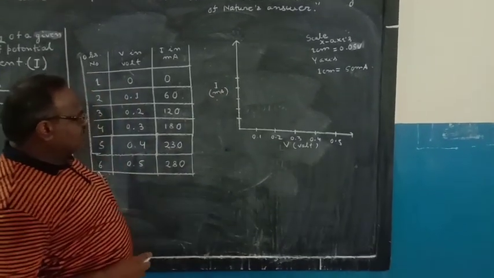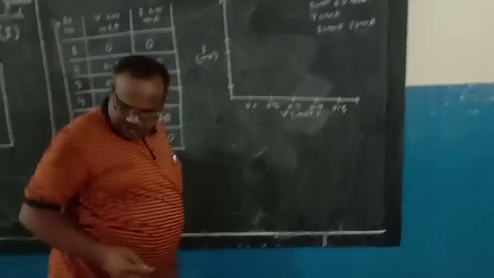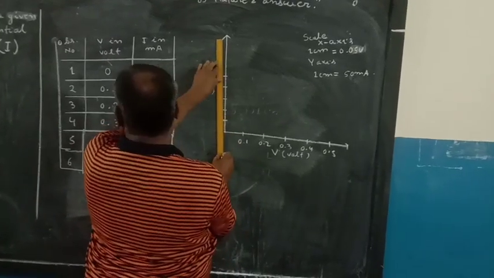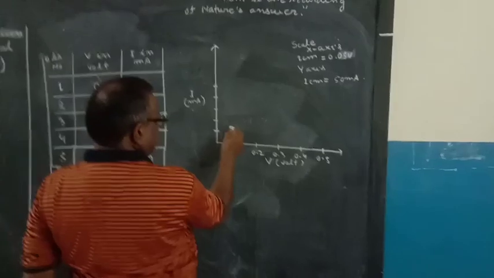Now if you see this graph, see carefully. Suppose I take the scale here, then it is 60. 1 is 60 here.